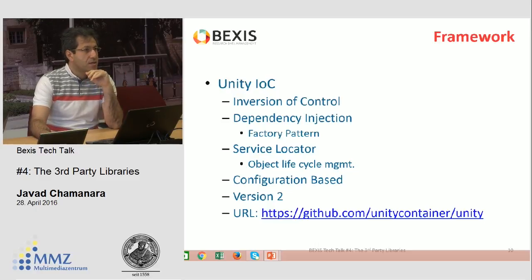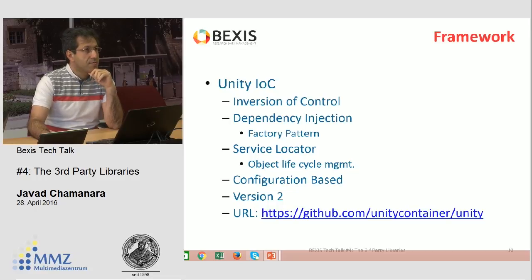And the good thing for us with IOC is that it has a lean, small, and human readable configuration based binding between different implementations and different interfaces. More information can be read here, and also the source code is open on GitHub.